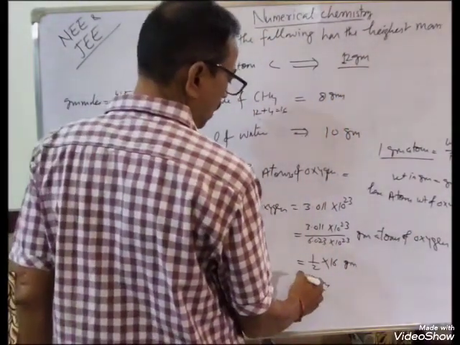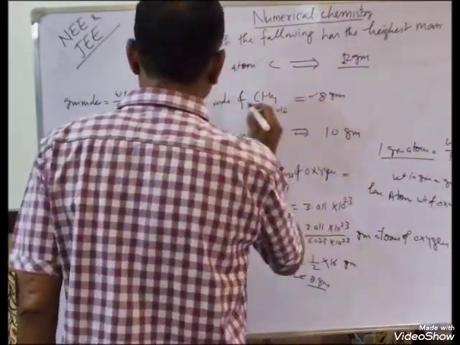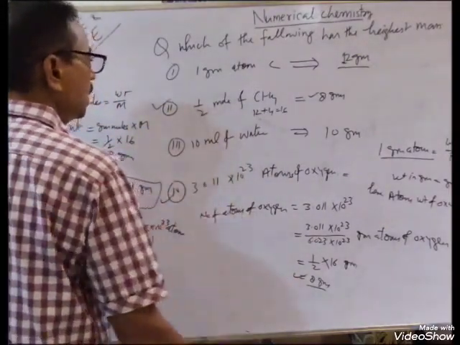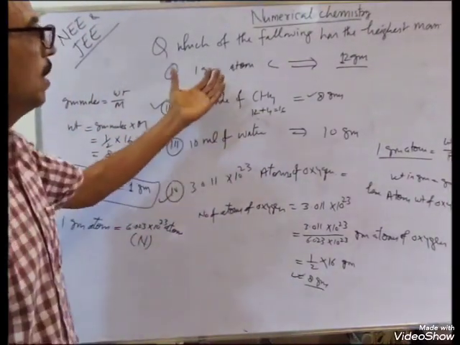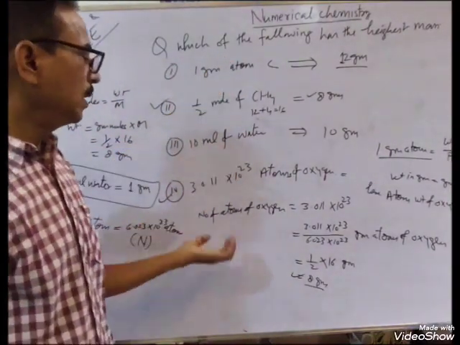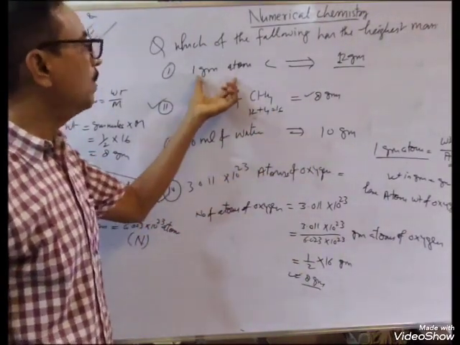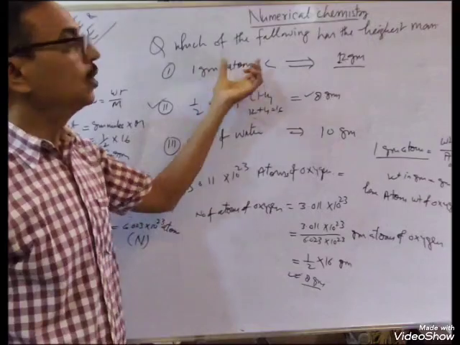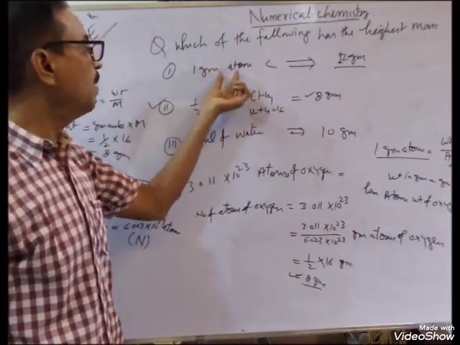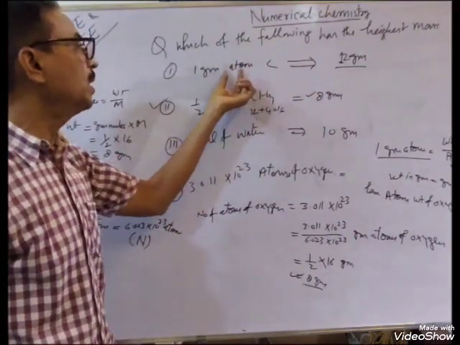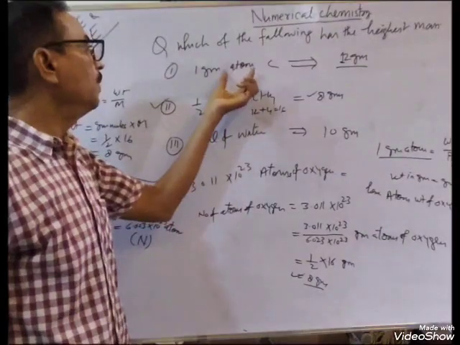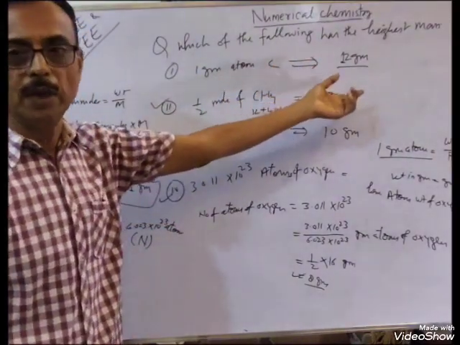So here these two are same, so 2 and 4 are correct. This question is more than one correct, so these two are the answer. 1 gram atom means 12 gram, not 1 gram. If it is 1 gram of carbon, then 1 gram. If 1 gram atom, it means 12 gram.